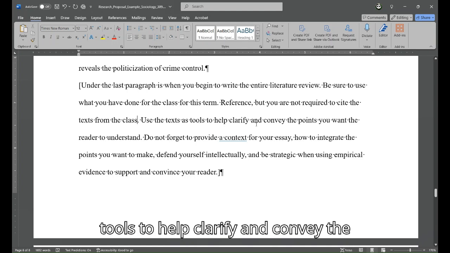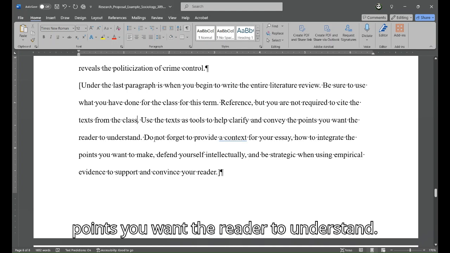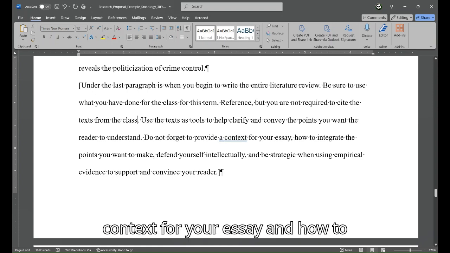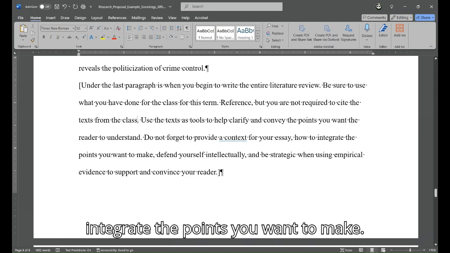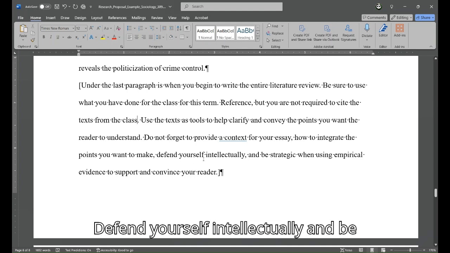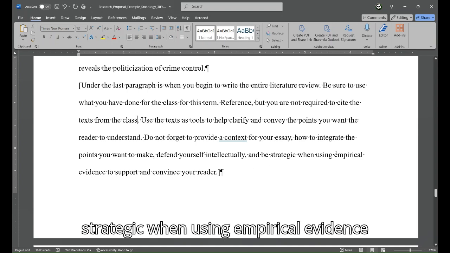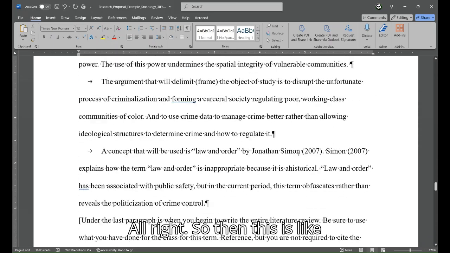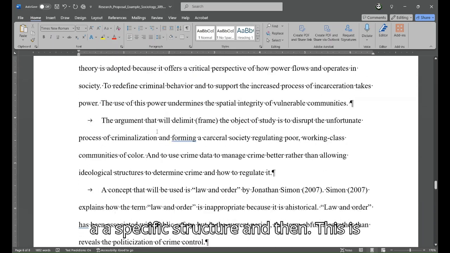And this is basically what I said earlier. Use the text as tools to help clarify and convey the points you want the reader to understand. And then do not forget to provide a context for your essay and how to integrate the points you want to make. Defend yourself intellectually and be strategic when using empirical evidence to support and convince your reader. All right. So then this is like a specific structure.